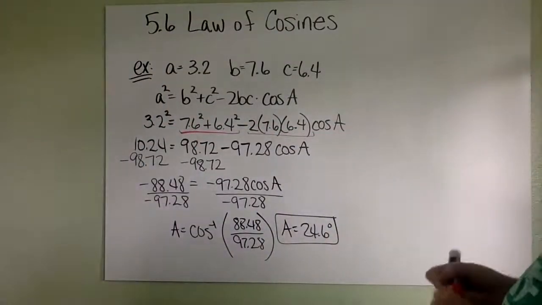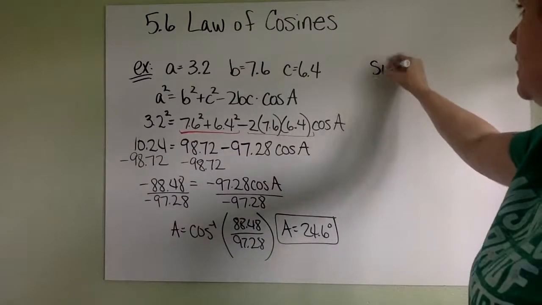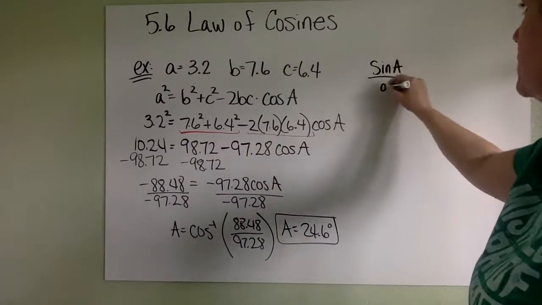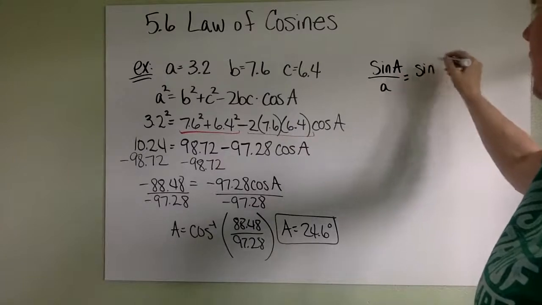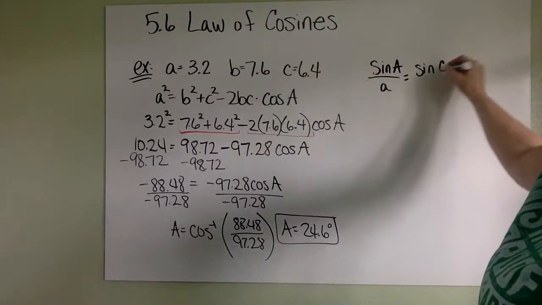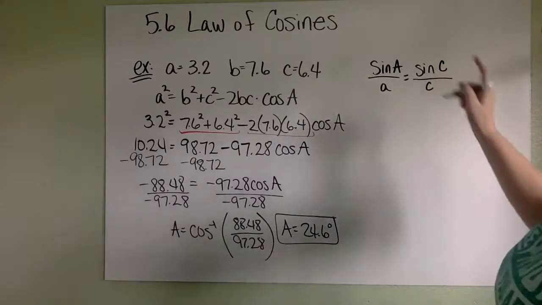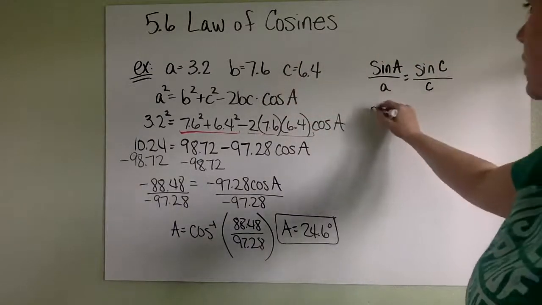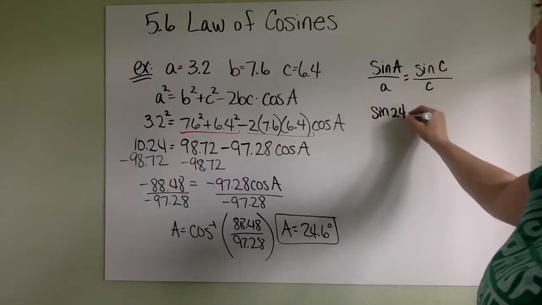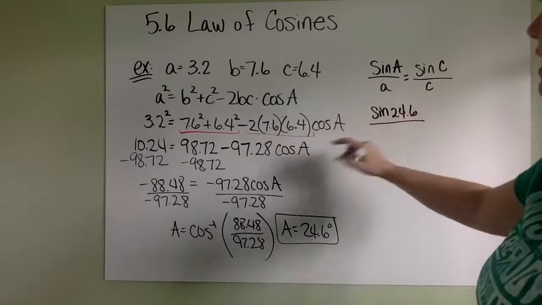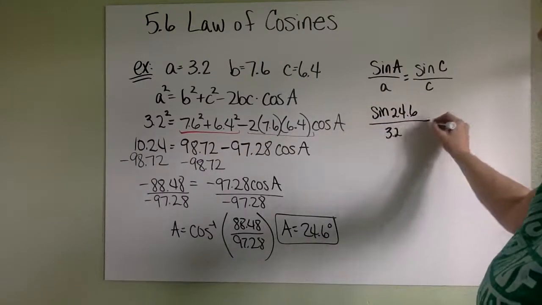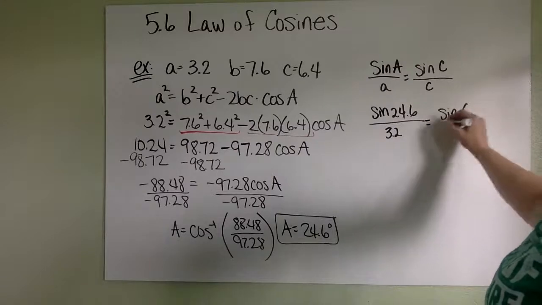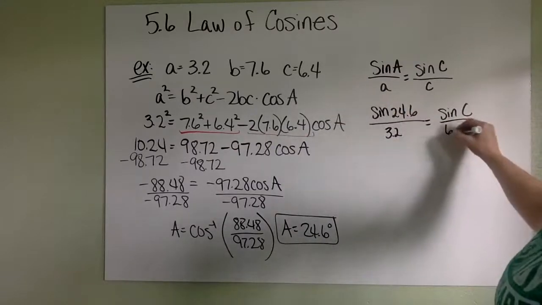Okay, so if I use the law of sines with angle A, it looks like the sine of A over side A. And then I'll go ahead and solve for side or angle C next, since it's smaller than B. So the sine of 24.6 over side A, which is 3.2, equals the sine of angle C over 6.4.